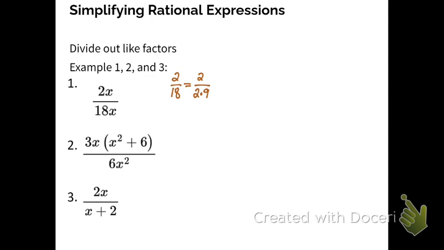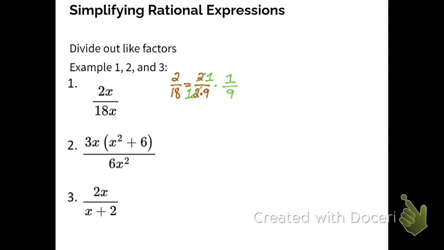We would write the 18 as 2 times 9 because we were trying to write it with a common factor, with the 2 in the numerator. And then we would take the 2 divided by 2, and we would replace that with 1s, and we would get 1/9. So the 2 divided by 2 equaled 1.